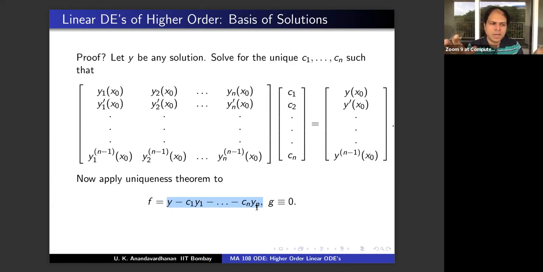And from the given condition, it is easy linear algebra to prove that these functions are anyway linearly independent. So you would have got a basis, an explicit basis.